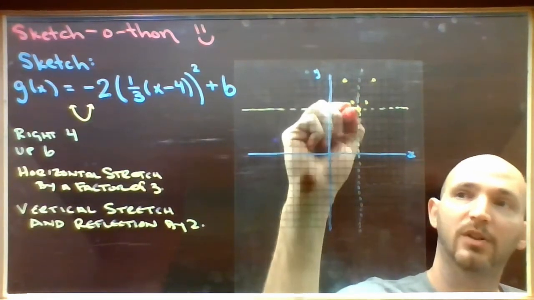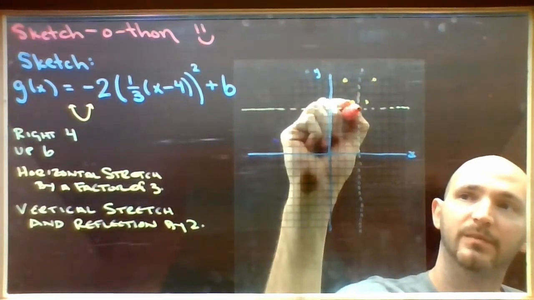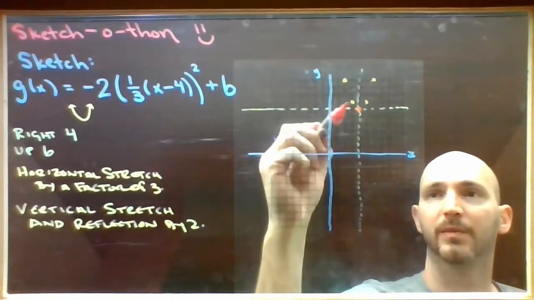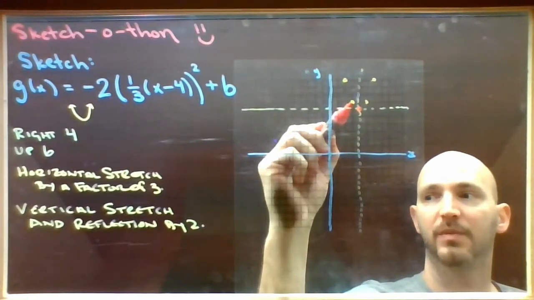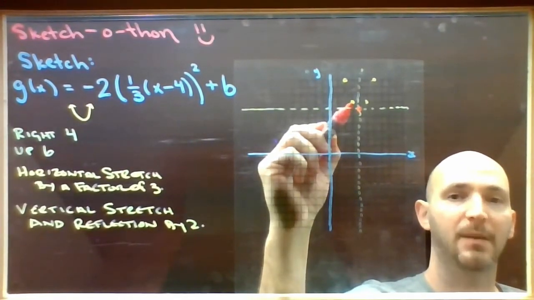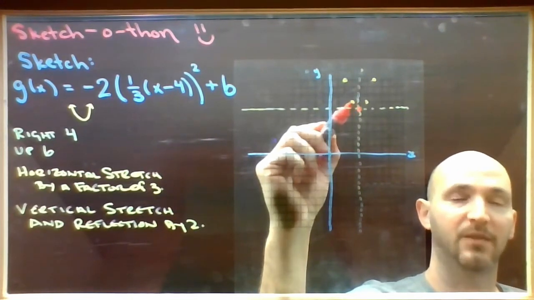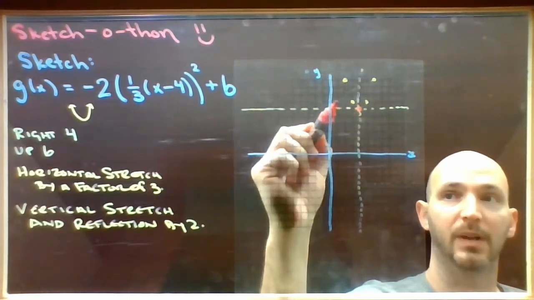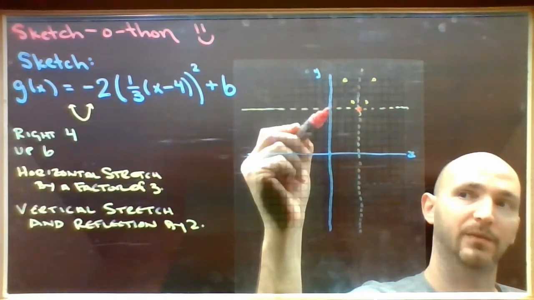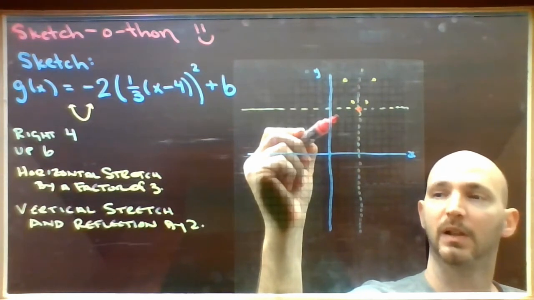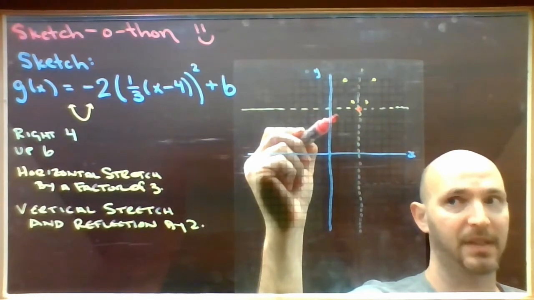Anything that's on the origin stays on the origin. So this dot here needs to be 3 times as far from the y-axis. So instead of 1 square, it's now 3 squares. It needs to be reflected, so instead of 1 above, it's 1 below. And then its height or depth needs to be doubled.